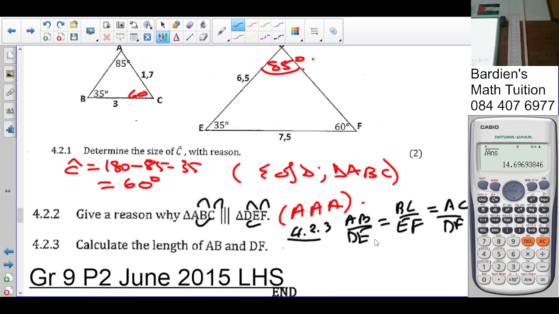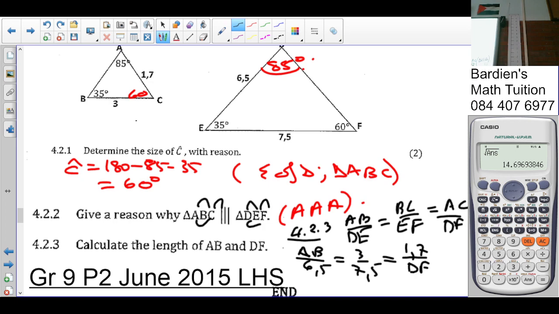Because the two triangles are similar, the corresponding sides are equal. So AB is unknown. Can you see that? Over DE, 6.5 equals BC, which is 3, over EF, 7.5, equals AC, which is 1.7, over DF.